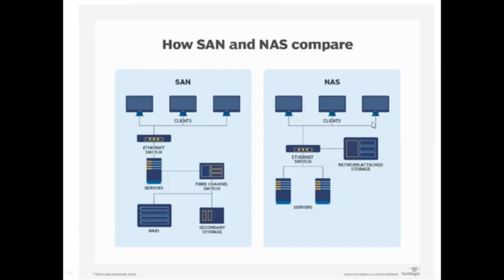And coming to NAS, the clients are connected to the Ethernet switch and then network attached storage and then server. So this fiber channel in SAN is increasing the expenses.